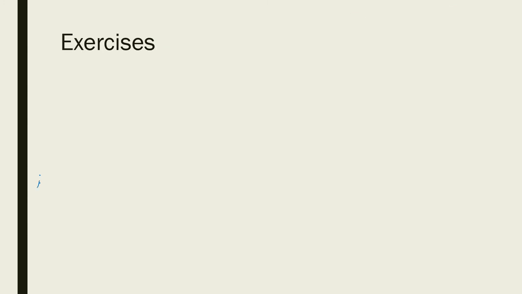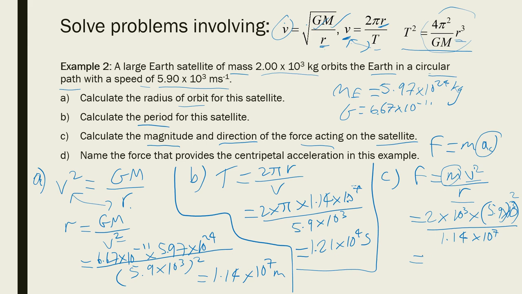So we can now type that into our calculator, and we'll get that the force is 6.11 to three significant figures times 10 to the 3. And because it's a force, it's in newtons, and it asks for the direction. So the force acting on the satellite is towards the center of its path, which is towards the center of Earth.